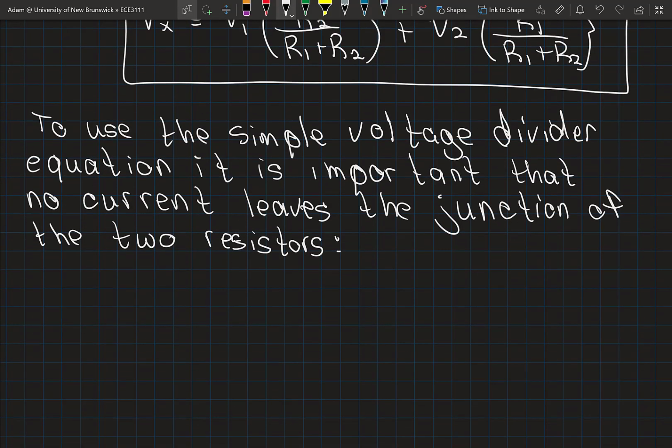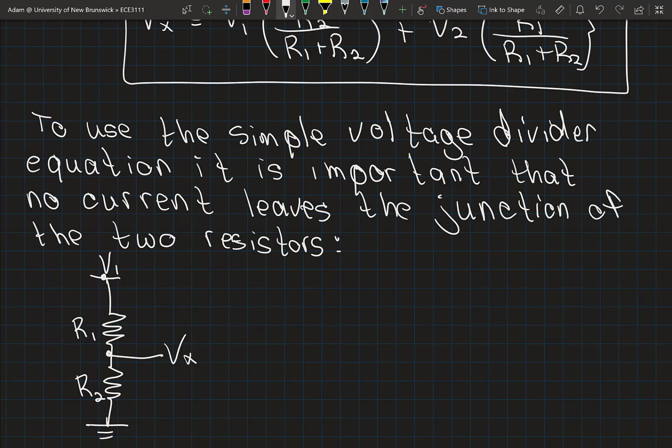Okay, so just going back to our simple voltage divider again, with voltage source applied to one end, ground on the other, R1 and R2, and Vx in the middle.